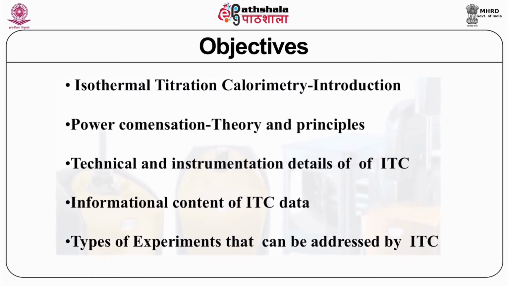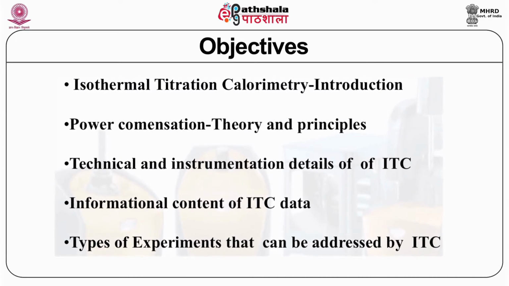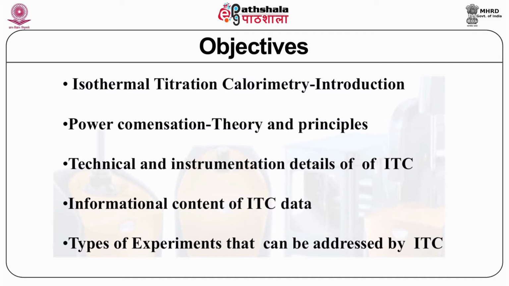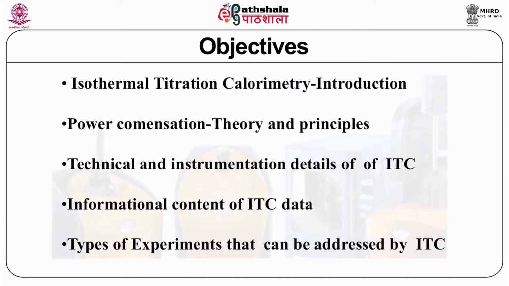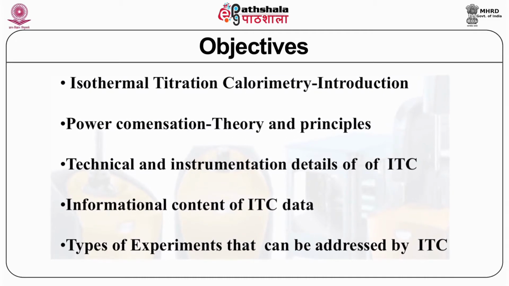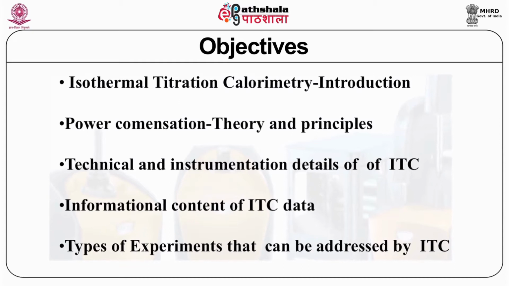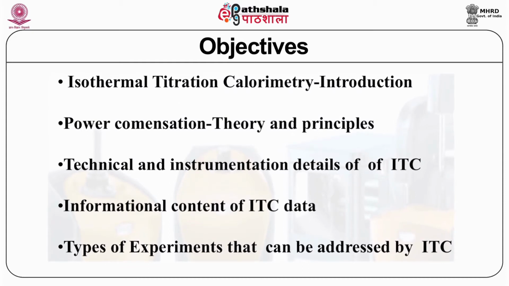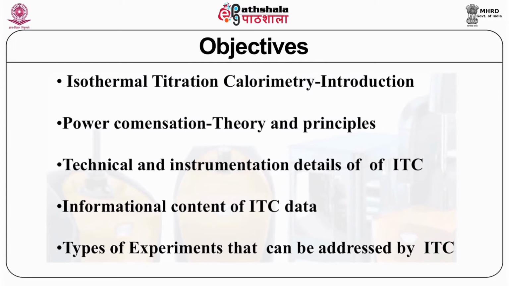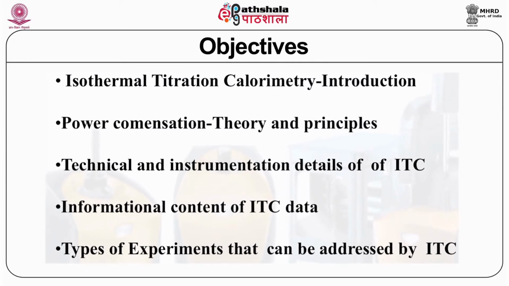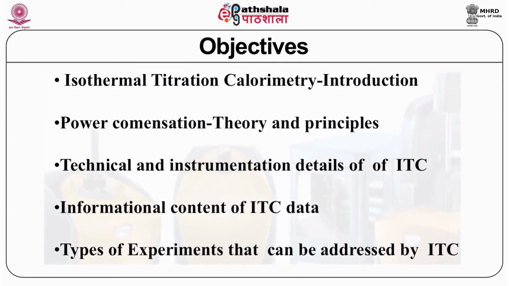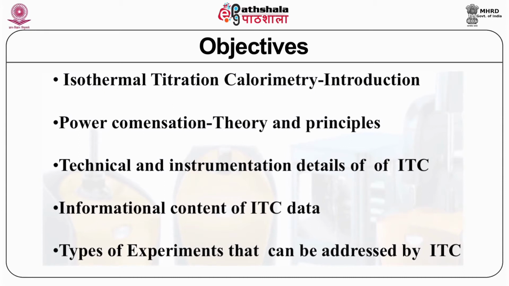Once you get it, what are the equations and how do you analyze this data, that is more important than doing an experiment. Then also the types of experiments that can be addressed by ITC. This is primarily a theory module that introduces you to the technique of isothermal calorimetry.